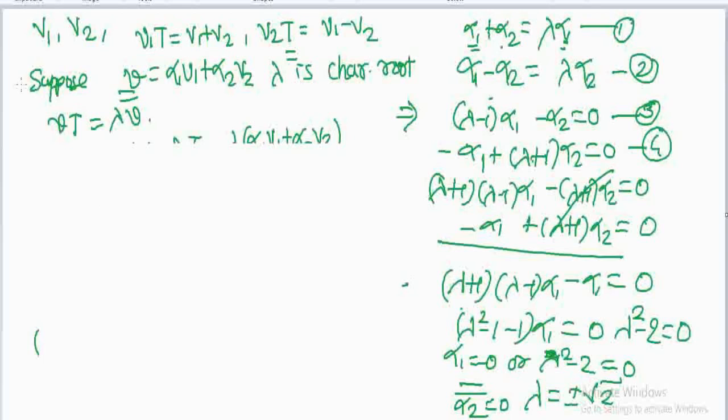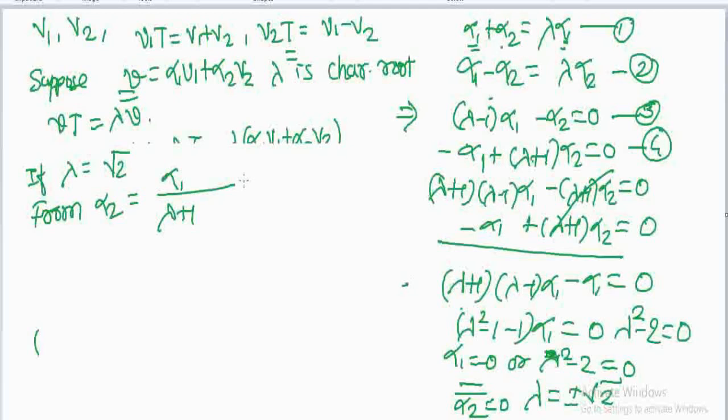Suppose that, if lambda equal to plus under root of 2, then from equation 4, you can easily get that alpha 2 equal to alpha 1 divided by lambda plus 1.